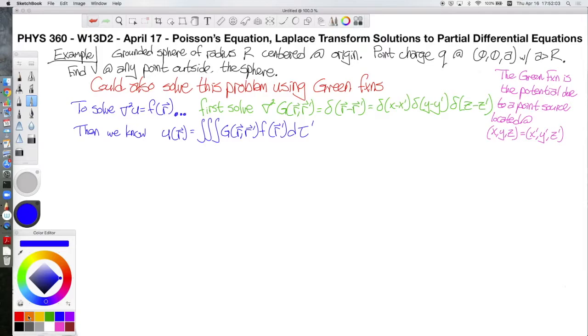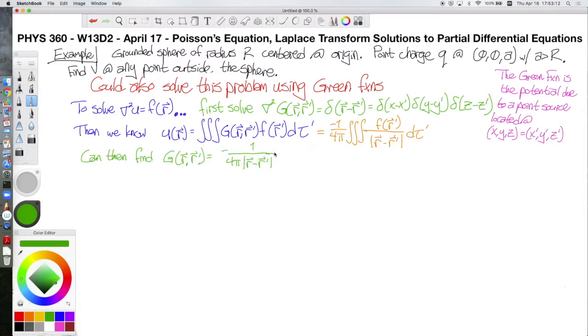But we also know from our previous work that we can write the solution to u another way. So by comparing these, we can find our Green's function, which is equal to negative 1 over 4 pi times the magnitude of r minus r prime.